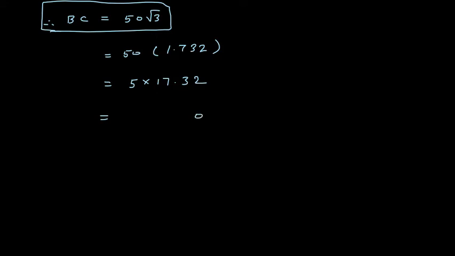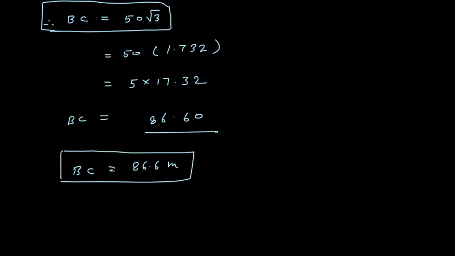Then 5 2s are 10, 5 3s are 15, 1 16, 1 carry, 5 7s are 35, 35 plus 1 36, 3 carry, 5 1s are 5 plus 3 8, 86.60 meter. Okay, this is BC. So up to one decimal place I will say that this BC is 86.6 meter.